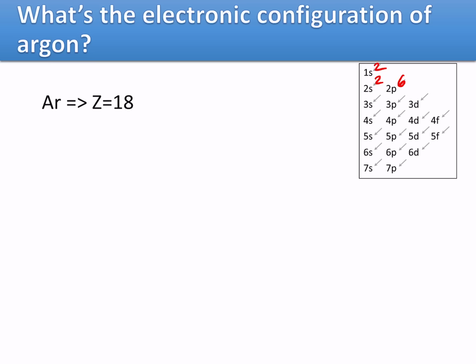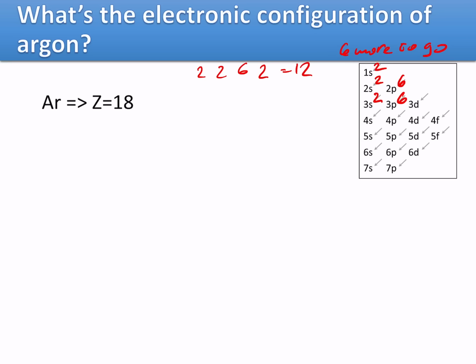You have done 2, 2, and 6, that's 10. 2 more in the 3s, that's 12. And if you are at 12 right here, then you need 6 more to go. Well, they'll go here. You can put those 6 electrons there.